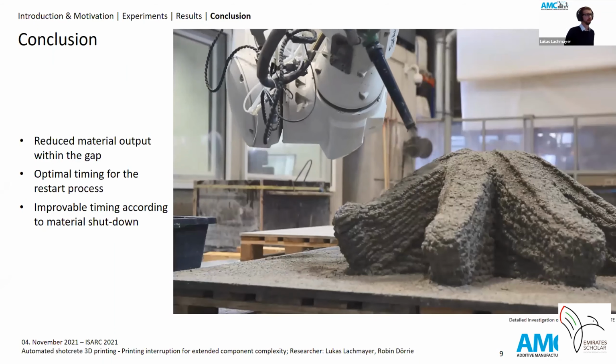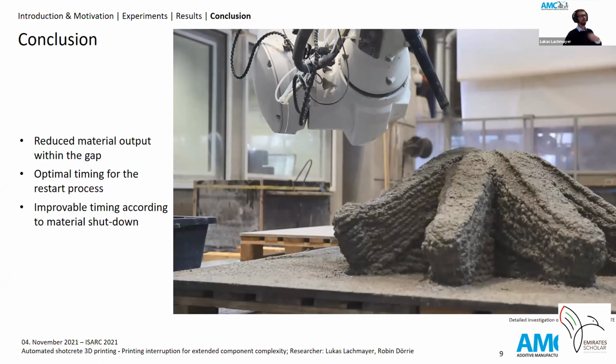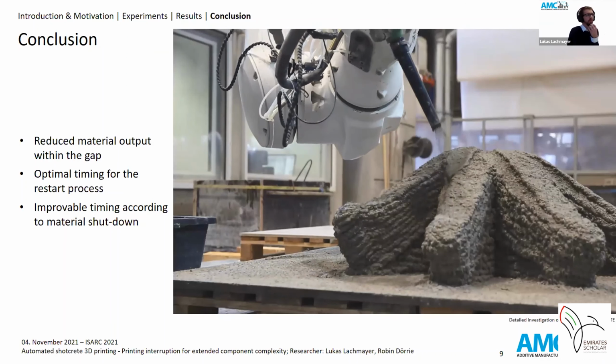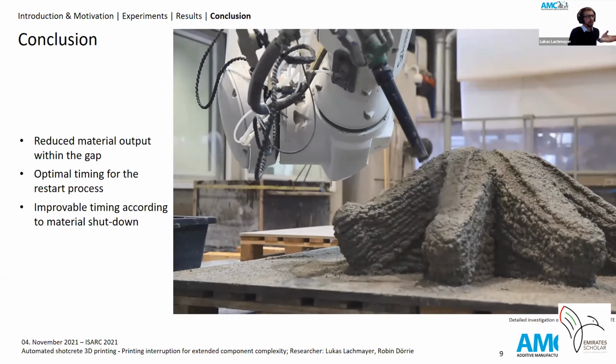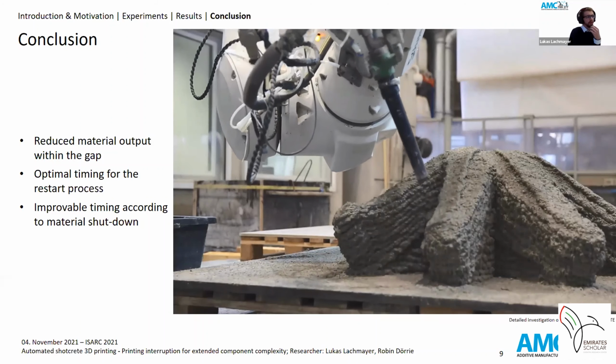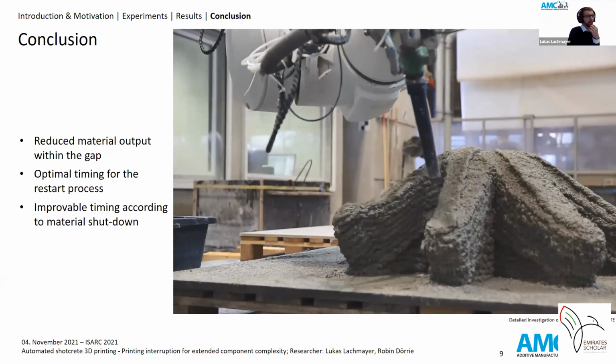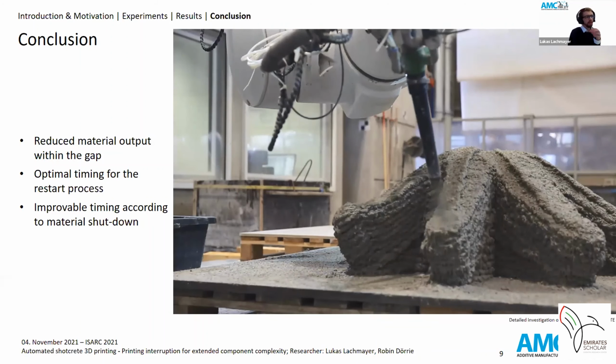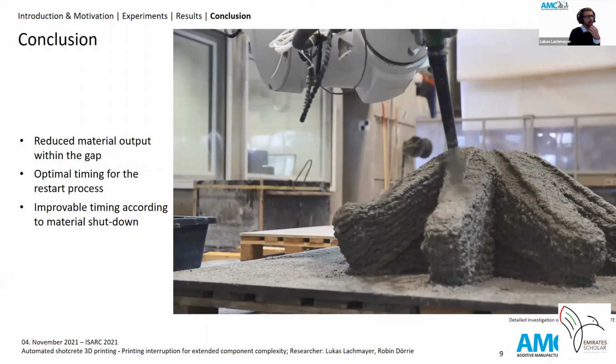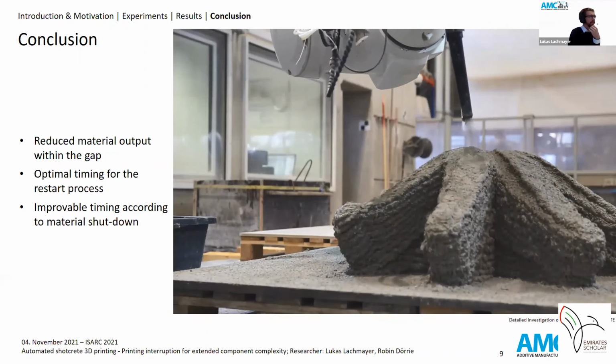We have here the usual printing process. Then we have the printing interruption, where we shut down the pump and the valve, the transition area, and then we are having those 1 second of delay, where we reactivate the process and then continue the printing.